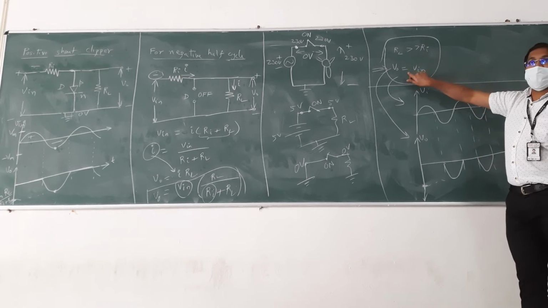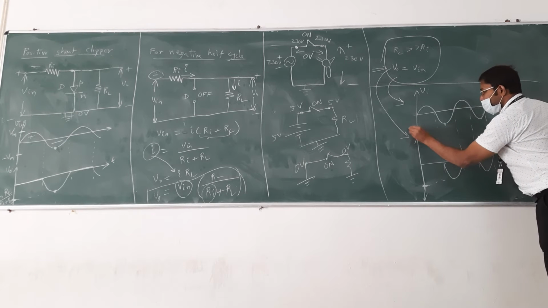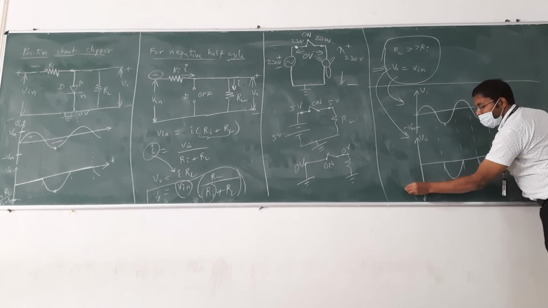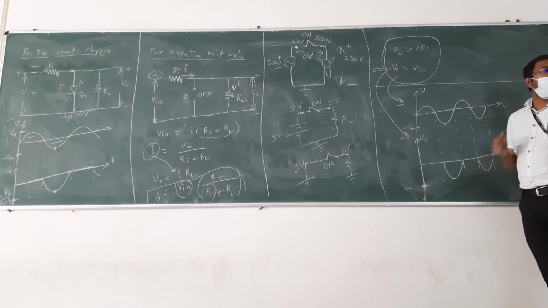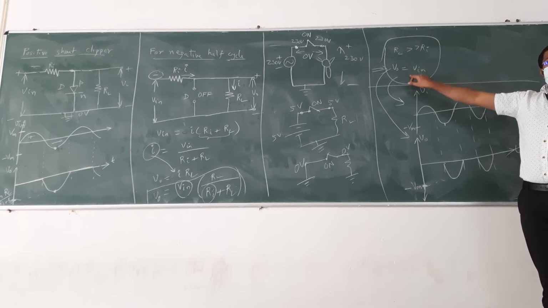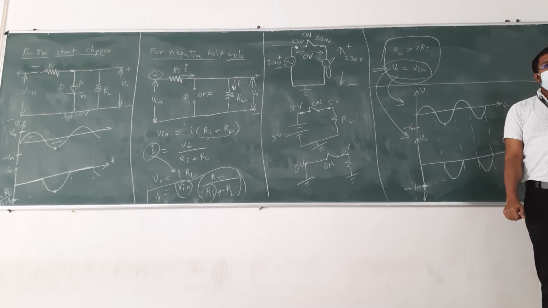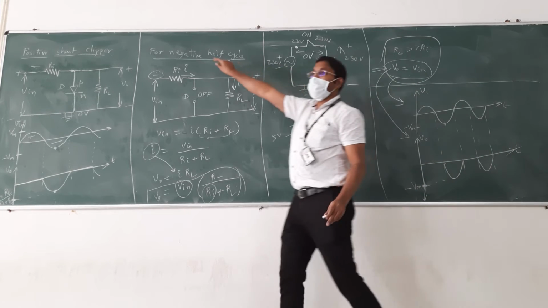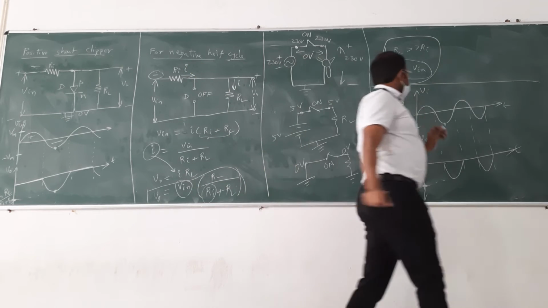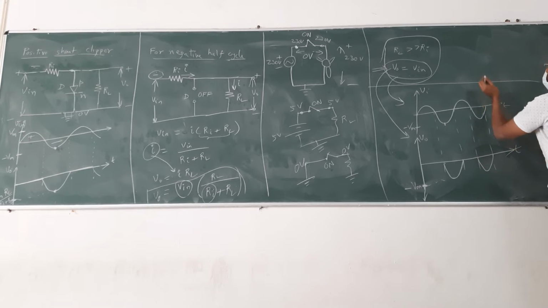We are neglecting R_i, so V naught is V in, so this is minus Vm. So V naught is equal to minus Vm. Okay, for this condition V naught is equal to V in, right? Which half cycle? Negative half cycle only. Okay, so what will be the entire expression for V naught?